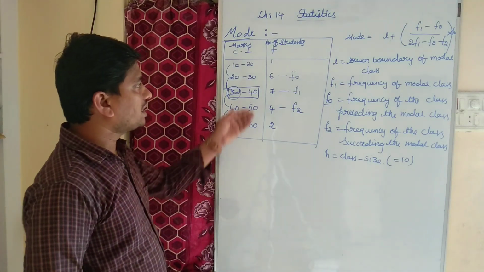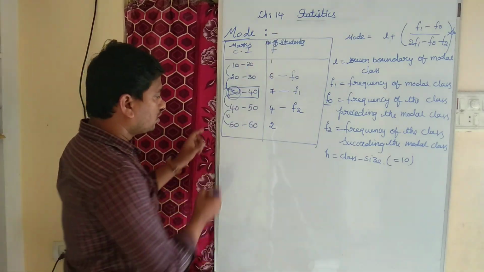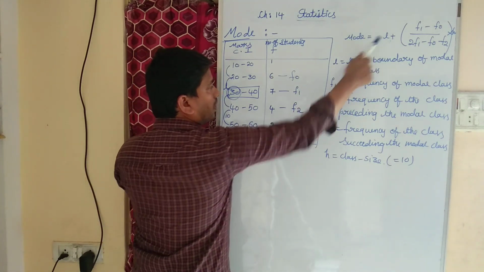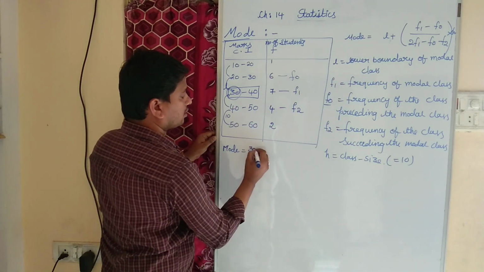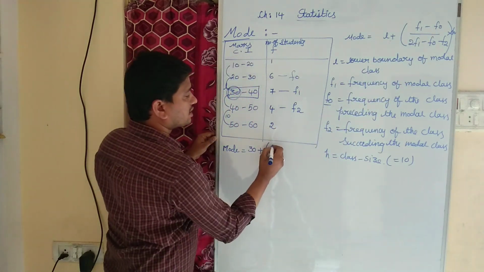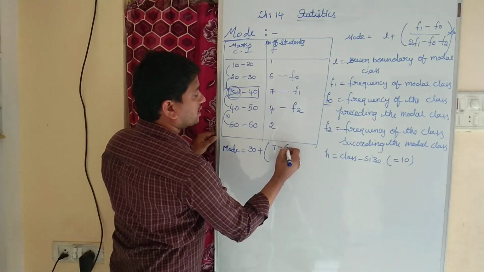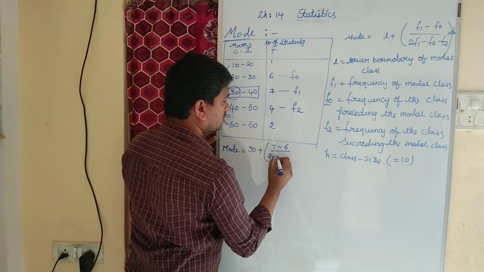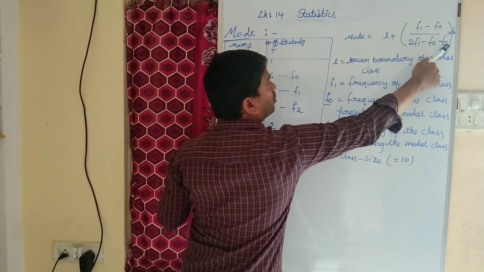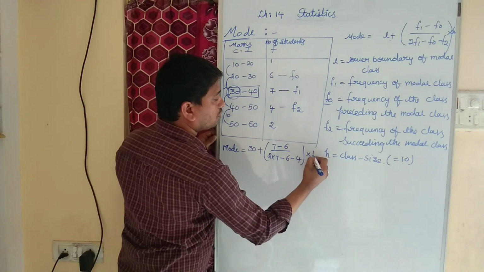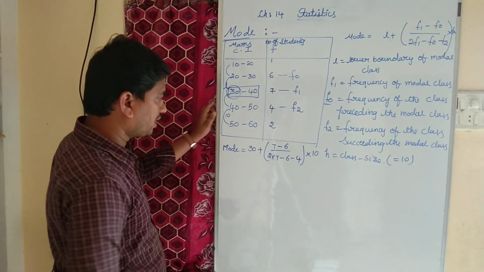Now let us substitute these values in our formula. Mode equals L plus, L is 30, plus (F1 minus F0), F1 is 7 minus F0 is 6, by 2F1, 2 into 7, minus F0 minus F2, F0 is 6, F2 is 4, into class size 10.